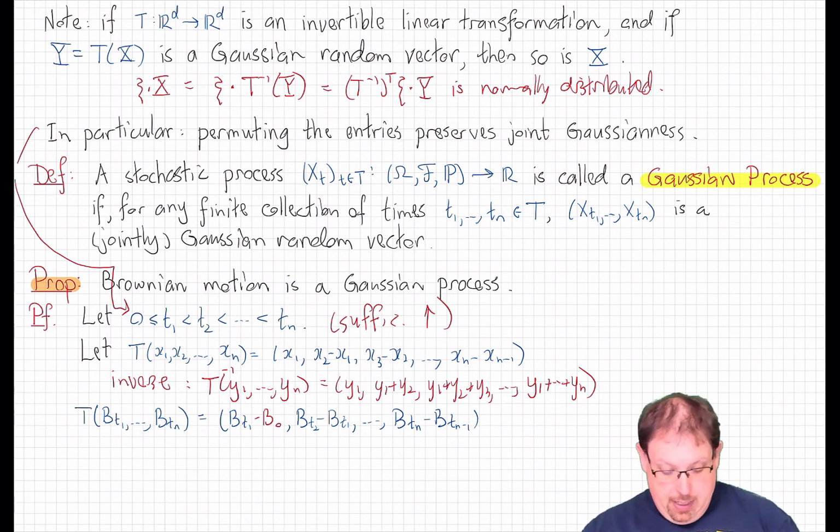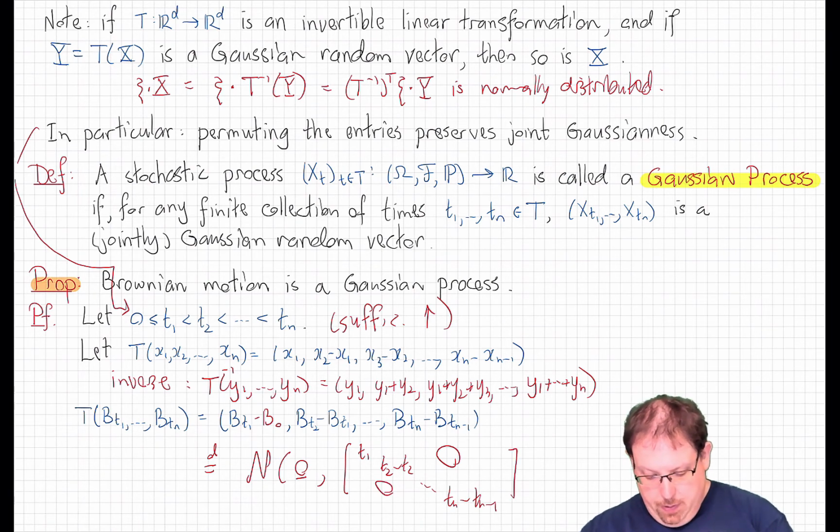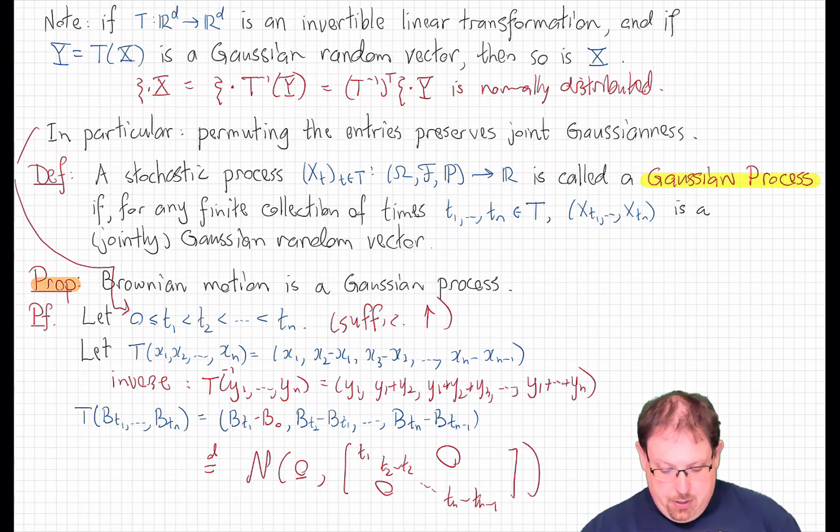It's essentially a standard Gaussian vector, denoted by 0 for centered, with covariance matrix t1, t2 minus t1, down to tn minus t_{n-1} on the diagonal, and zeros elsewhere. And that is a Gaussian random vector, as you can easily check by taking dot products with any vector c. So Brownian motion is a Gaussian process.